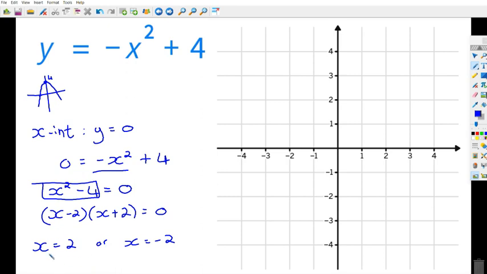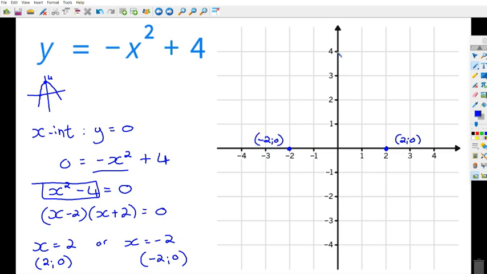So I just skipped a step, that's fine, you can go straight to the answer here, by the way. Alright, so the point there is 2 and 0, and the point here is negative 2 and 0, and there's my two x-intercepts. Right, so I go to 2 and 0, so 2 and 0 there, and I go to negative 2 and 0.